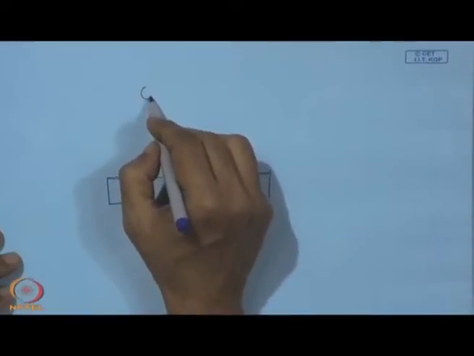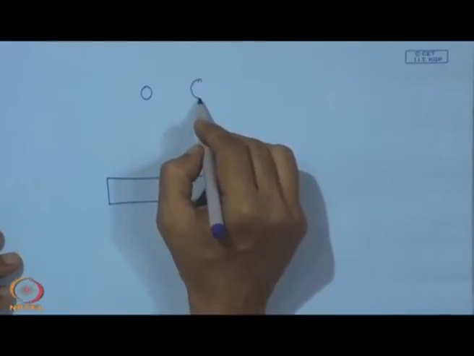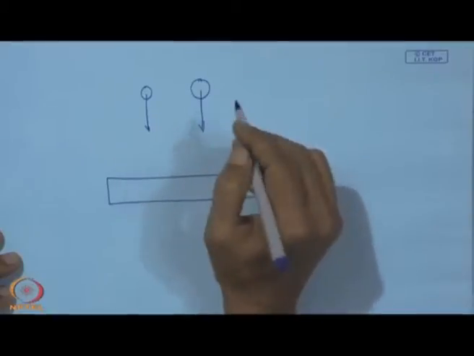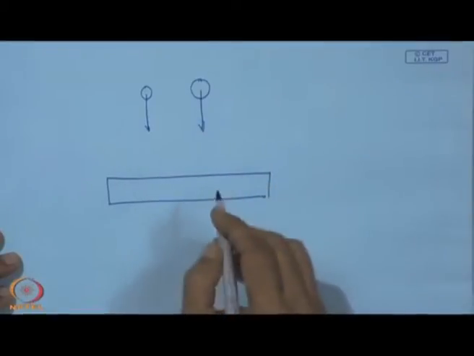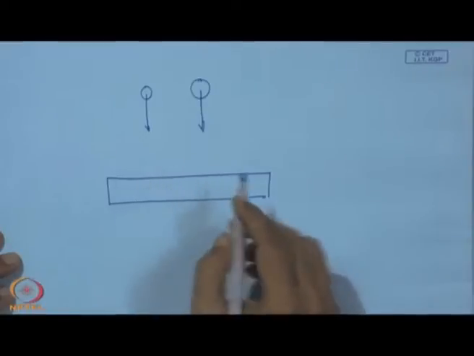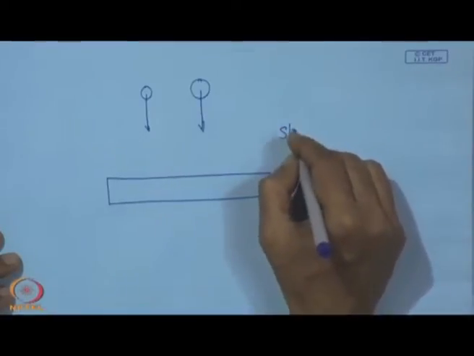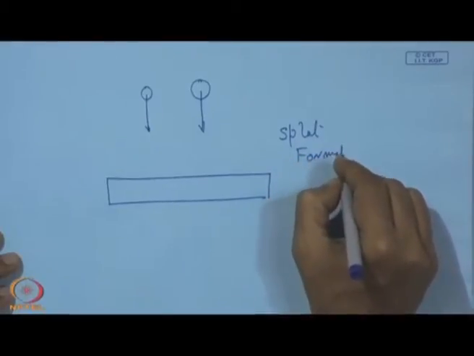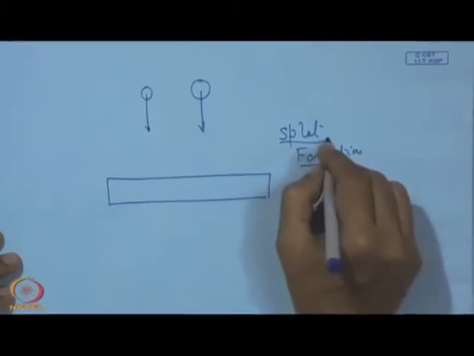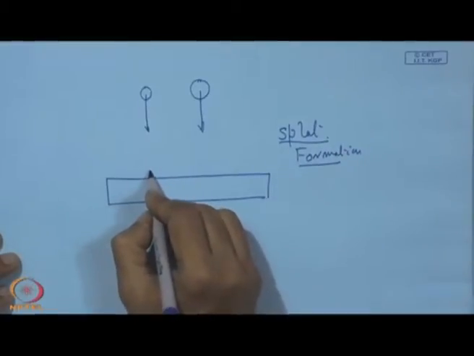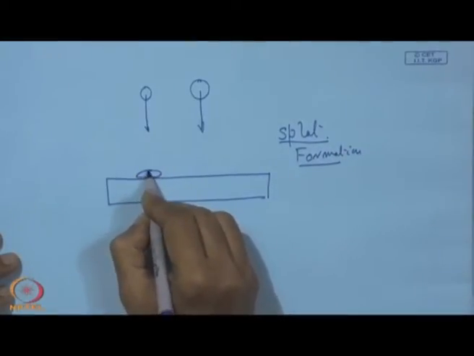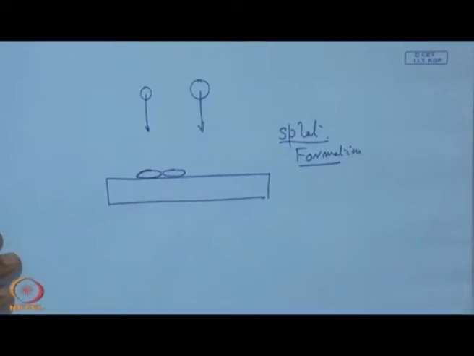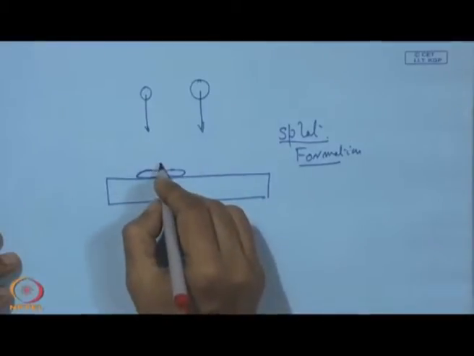So, we have droplets of different shape, and this droplet will move with a high velocity, and then what is going to happen when it strikes? It is called splatting, splat formation as it arrives. So, we have splat formation, and then we have another splat formation over this.